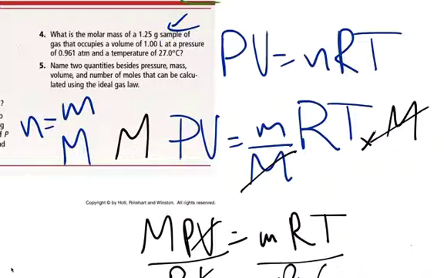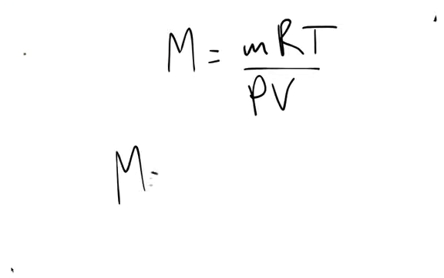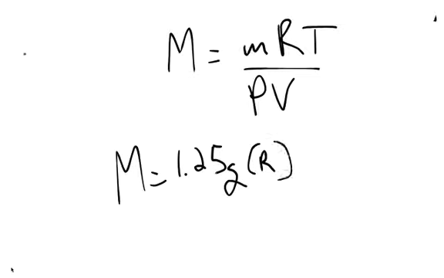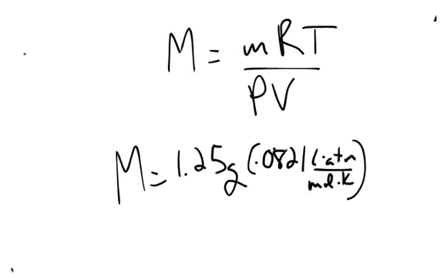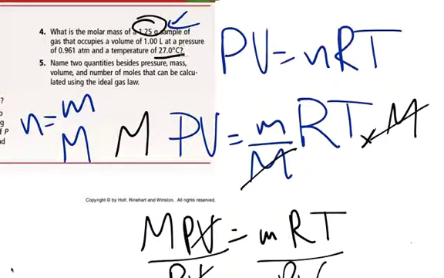My mass, if I go back up, was in grams, 1.25 grams. Molar mass equals 1.25 grams. R is 0.0821. I'll write it in. Notice I even put on the units for you so we can look at how everything is going to cancel out. Okay. Times my temperature. Again, my temperature was in Celsius, correct?